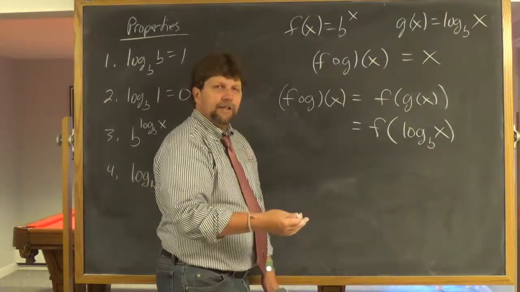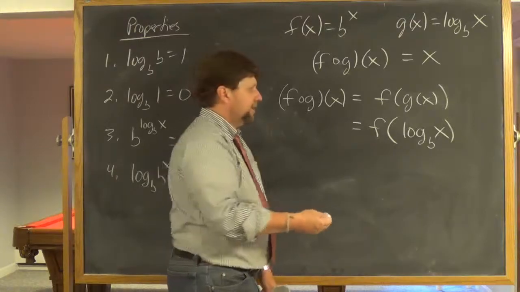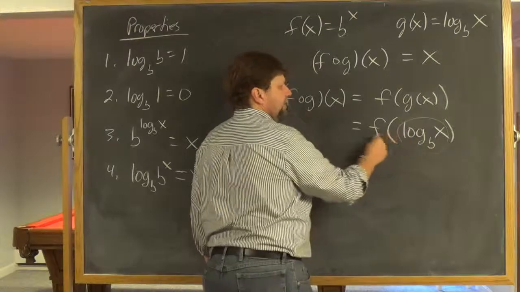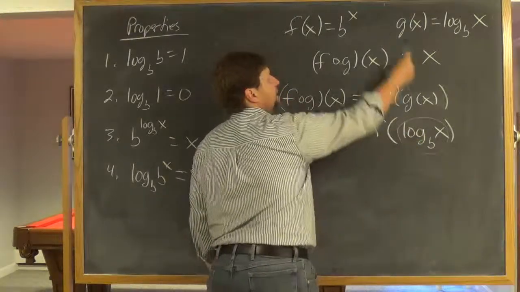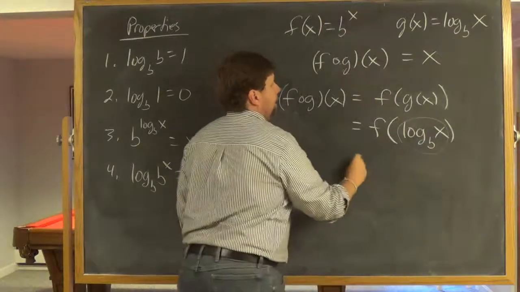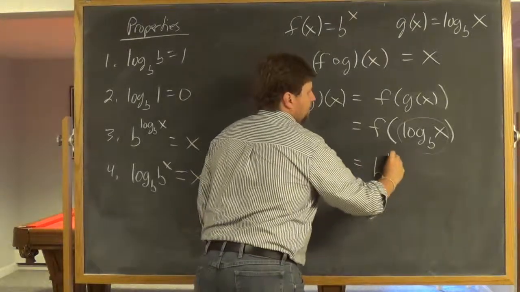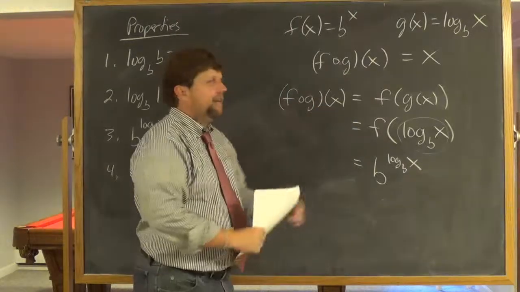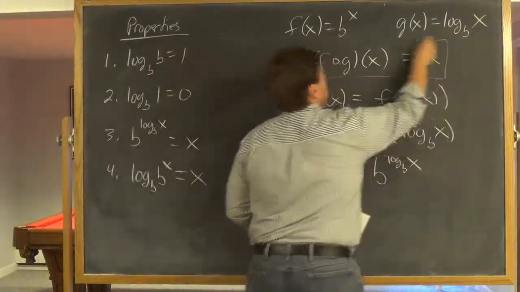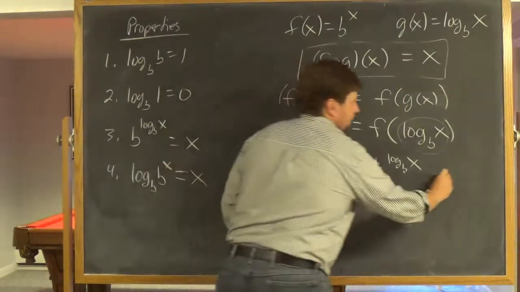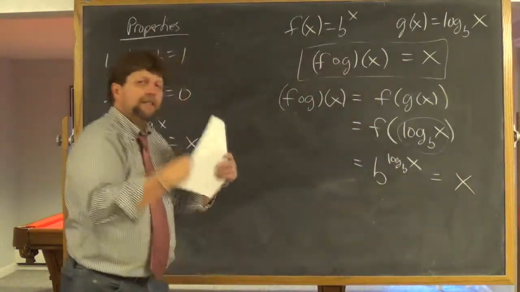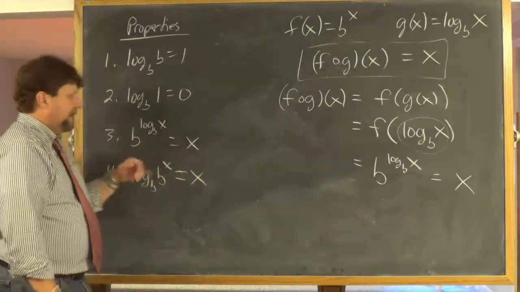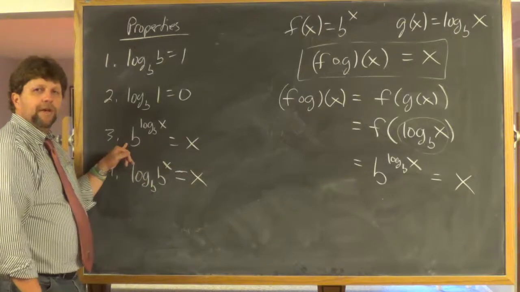You're going to take log base b of x and toss it into function f wherever you see an x. So you get b to the log base b of x. But because they're inverse functions, we know that must simplify to x. And so that's the meaning behind property number 3.